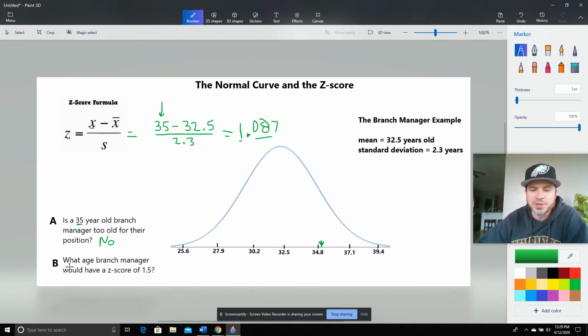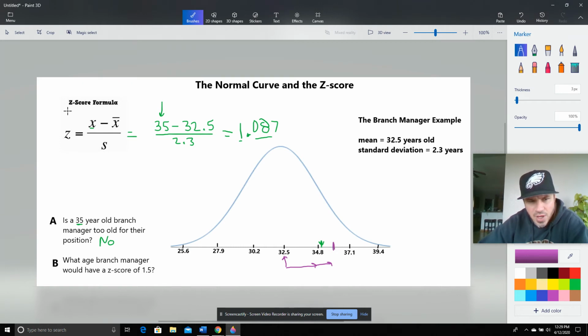Another type of question we might have to answer is what age branch manager would have a z-score of 1.5? Again, 1.5 in the positive, because it didn't say subtract, means you start at your mean and go over 1 plus another 0.5, so we're talking about something that goes right here.